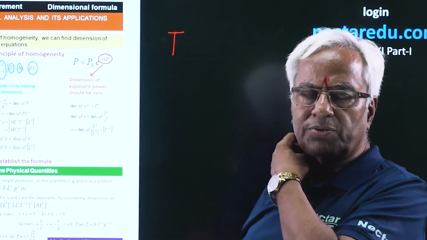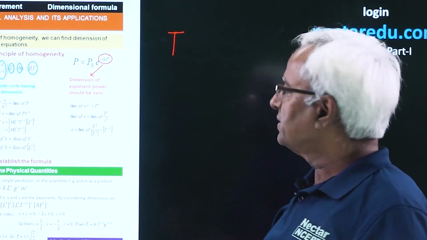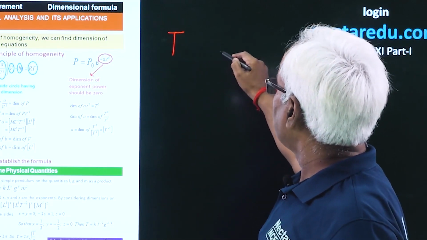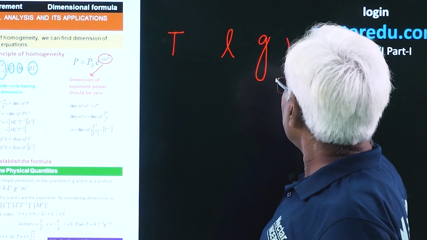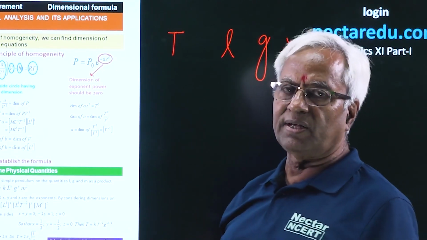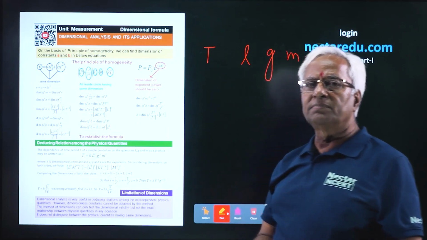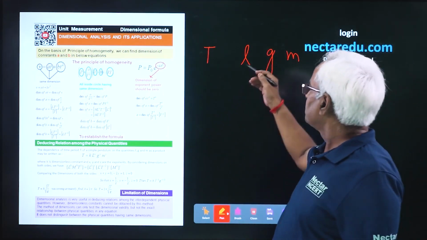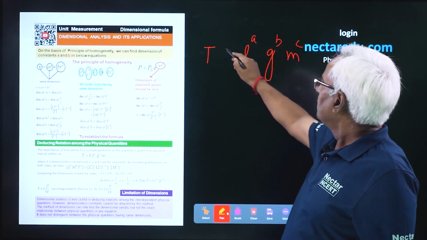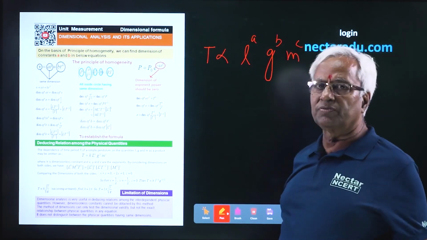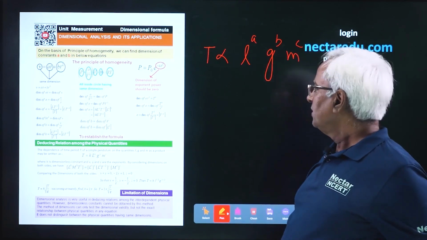You are given the information that the time period of a pendulum depends on its length, the acceleration due to gravity, and the mass as well. The dependence is given for these terms, but the powers are not given; the powers are unknown. You have to suppose the powers from your side.